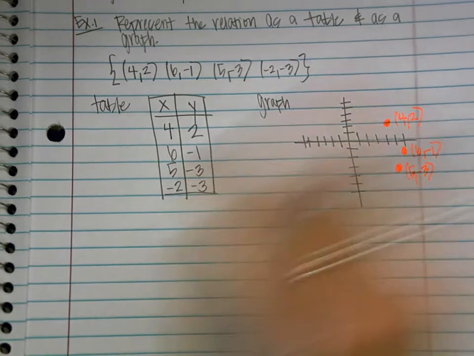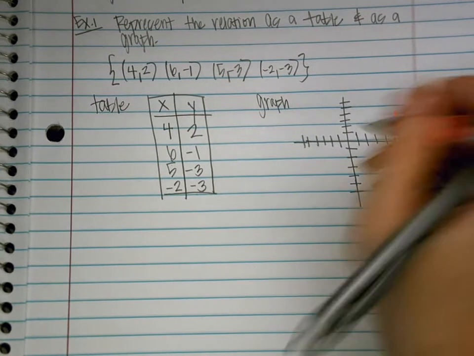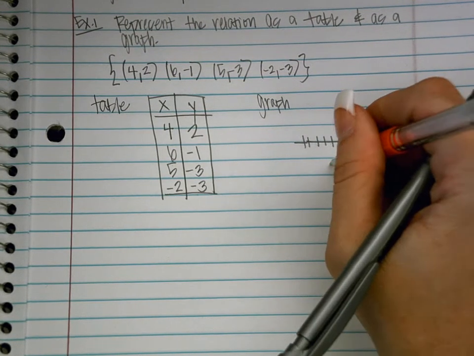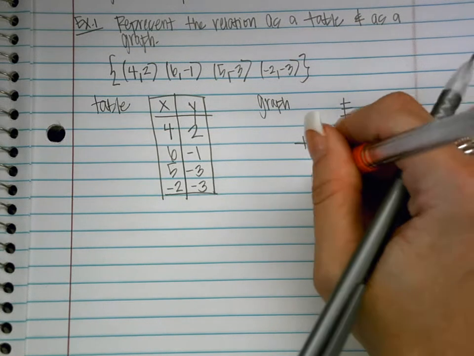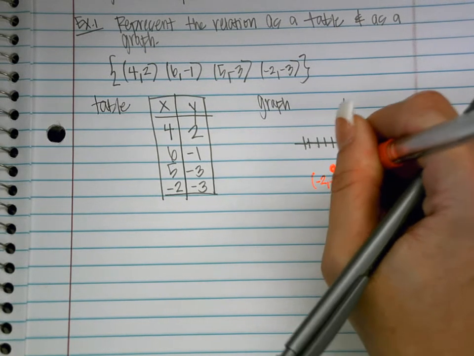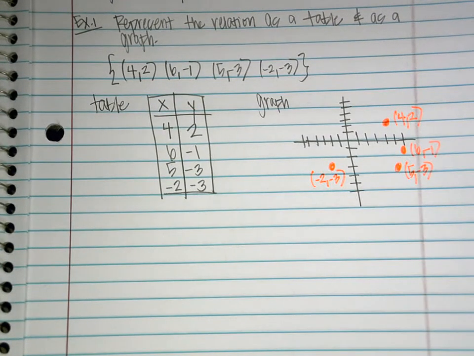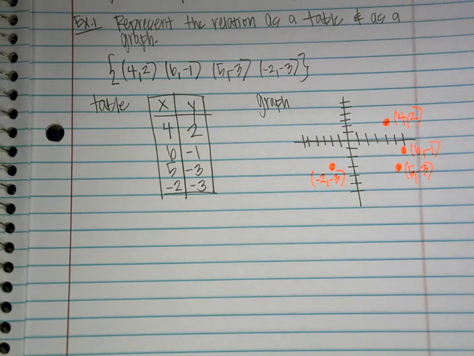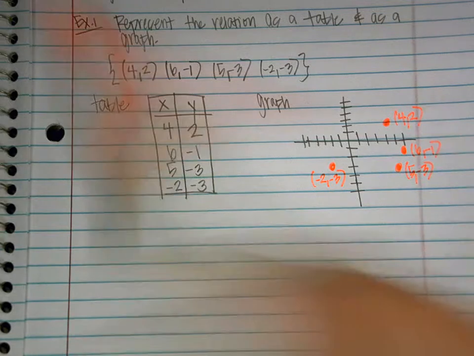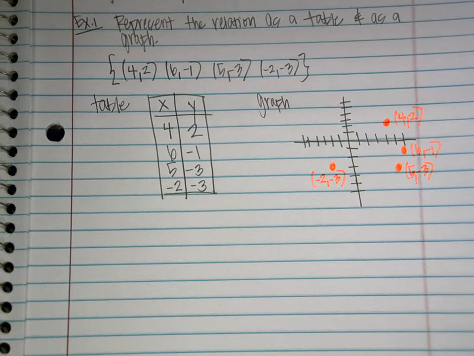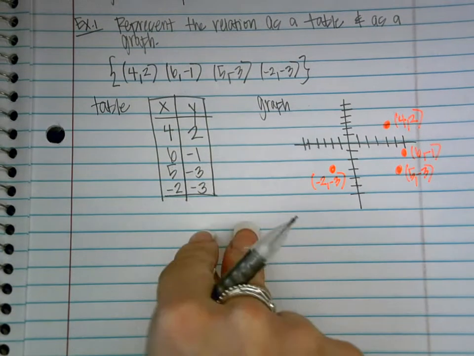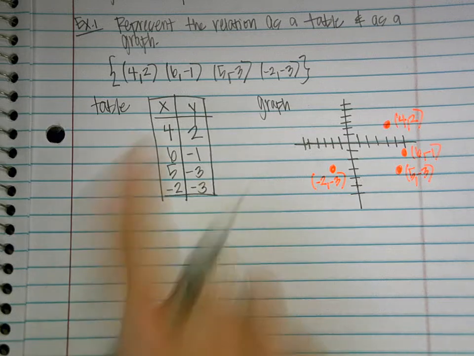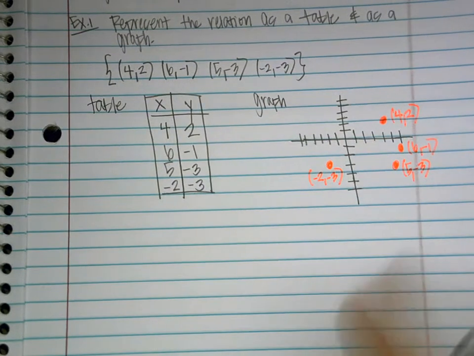And then finally, (-2, -3) is left 2, down 3. So (-2, -3). So for number 1, when I ask you to represent the relation as a table and as a graph, that's all you have to do. We're just going to change things from being in a list into a table. It's the exact same thing. And from a list to a graph.